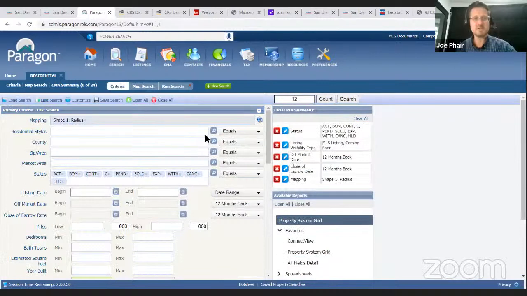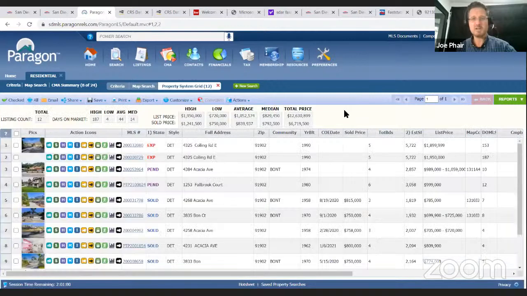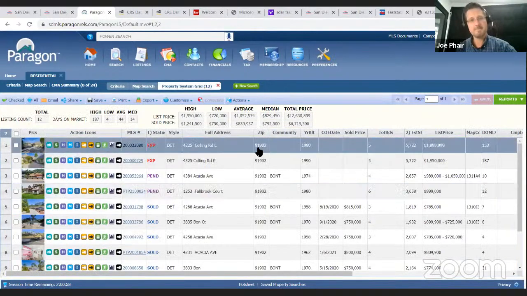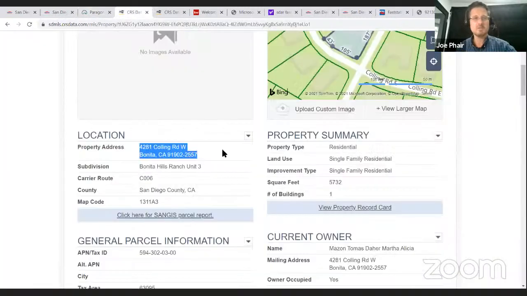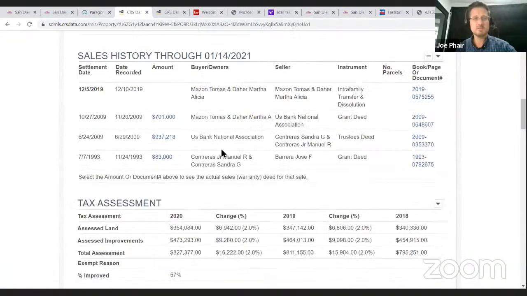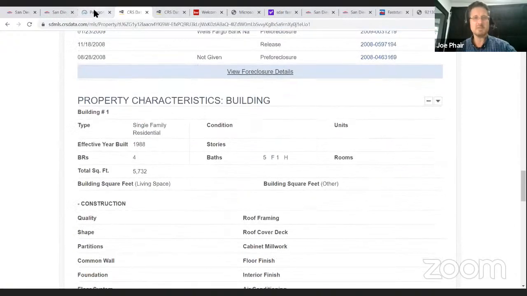Okay, so it's 5,700 square feet, 12 months back, active, back on market, pending, sold. Let's just see what comes up here first. You always start big, so I didn't do any criteria, I just did the map. And these are all smaller. So it's 5,700 square feet. That's a big place.